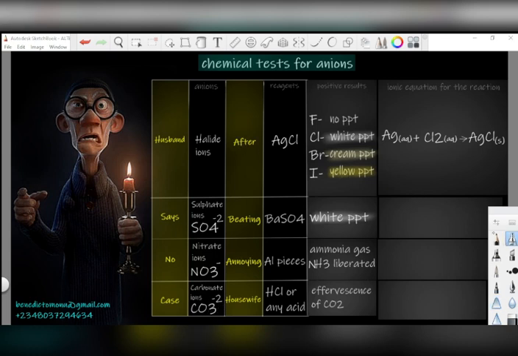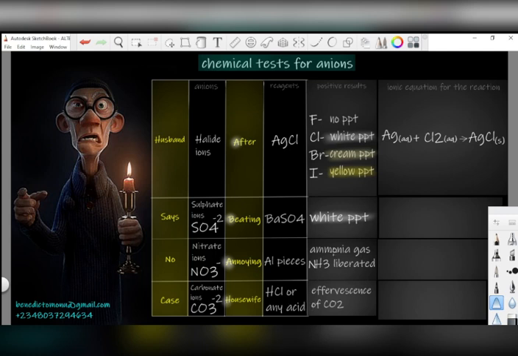After, here I am looking at the first letters now, A, B, A, and H. A is representing silver chloride. Ag is the symbol for silver, silver chloride. B here is representing barium sulfate. A here is representing aluminium pieces. And housewife, H, representing hydrochloric acid or any acid at that.